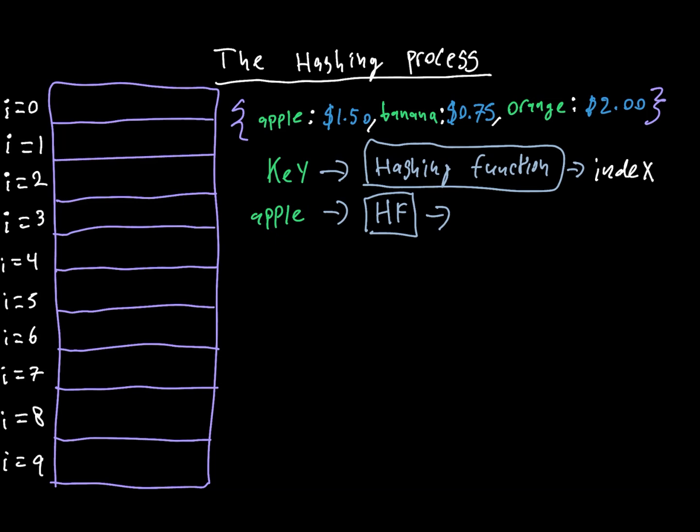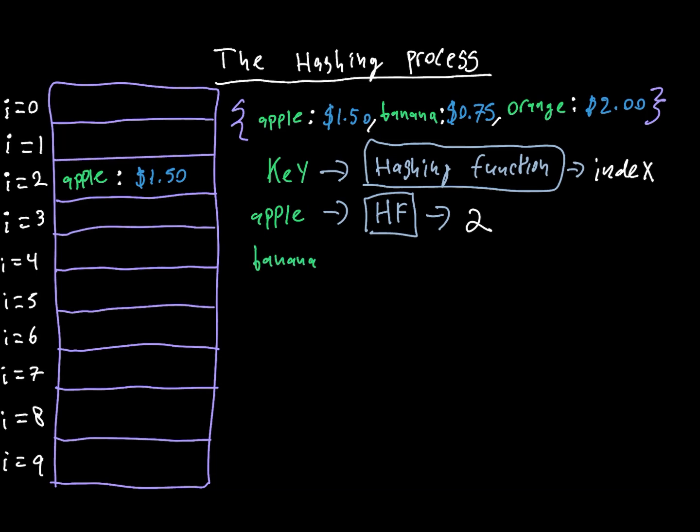Apple, let's say, is the index 2. So we go to index 2, the key stored is apple, and then the value is $1.50.